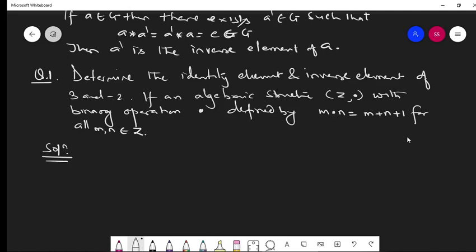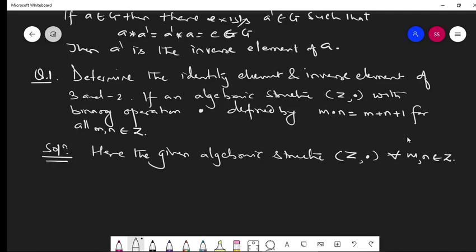Here the given algebraic structure is (Z, dot), and for all m, n belongs to Z, m dot n equals m plus n plus 1. So we have to find the identity element and inverse element of 3 and minus 2.